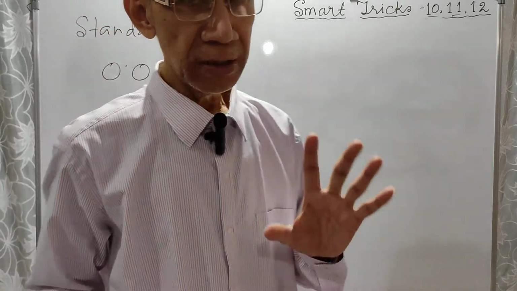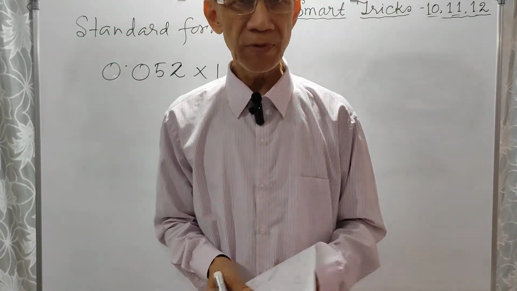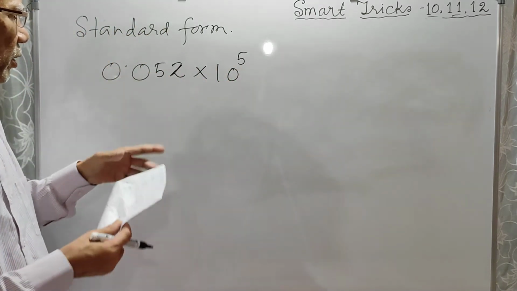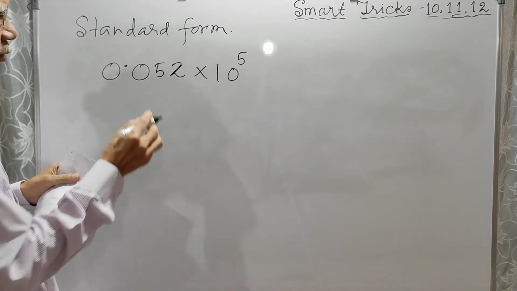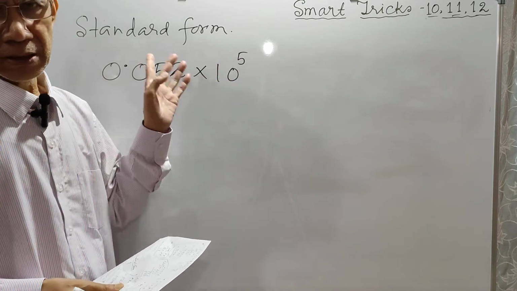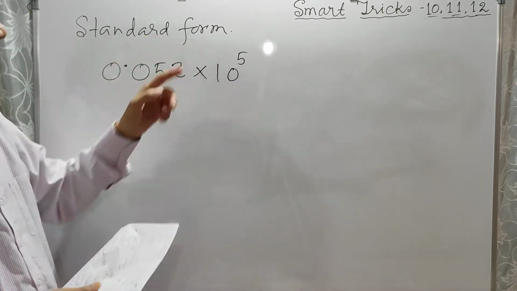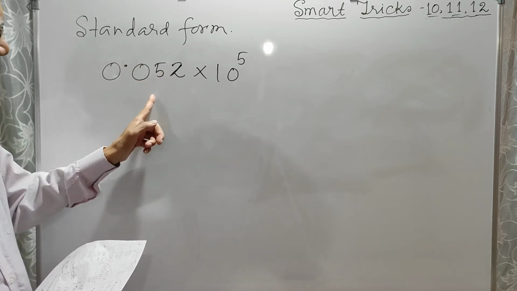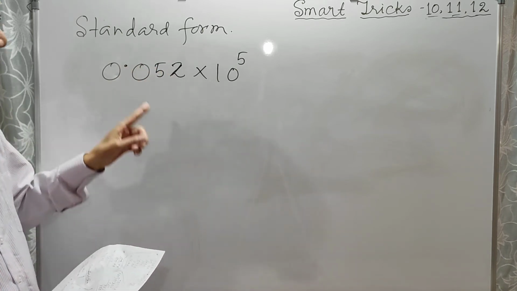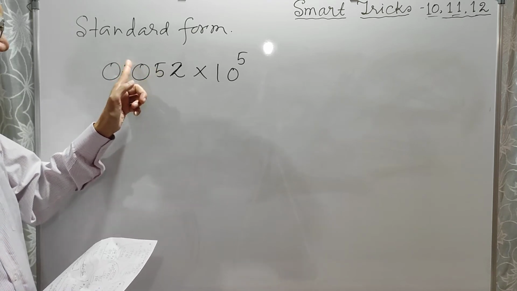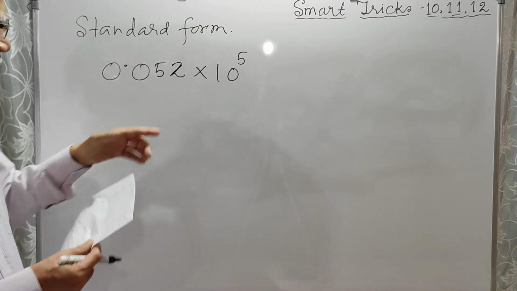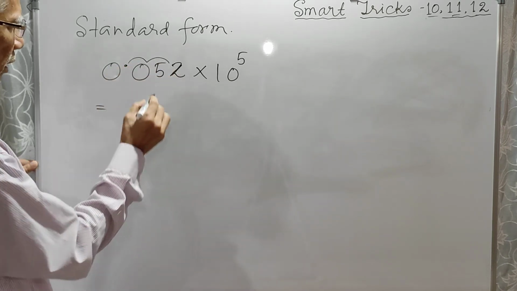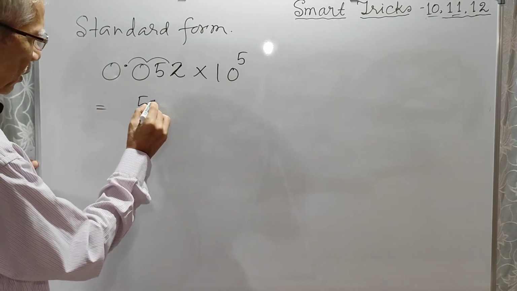Suppose you have solved a sum and you got the final answer 0.052 into 10 to the power 5. But you have to express it in standard form. Standard form means the decimal should be brought here. That means it should be 5.2 into something. The decimal should be brought here. That means 2 digits to the right. So if you bring the decimal 2 digits to the right, it will be 5.2.